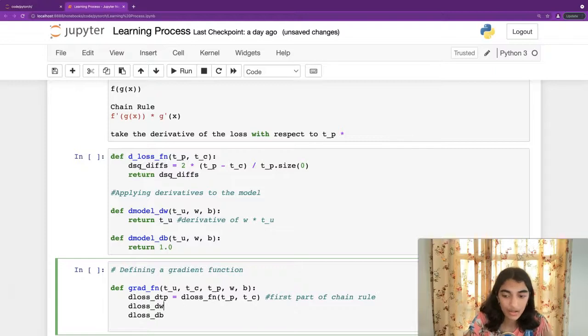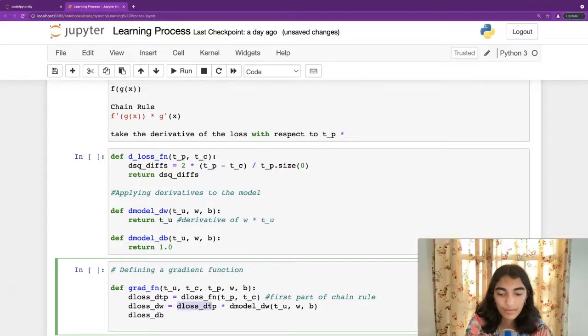And we have dloss with respect to the weight. So dloss_dtp times the d_model_dw of tu, w, b. This is the chain rule that's happening. We're taking the actual derivative and multiplying it by the derivative of the inner function, which is the model.